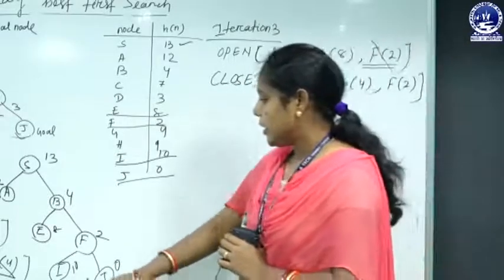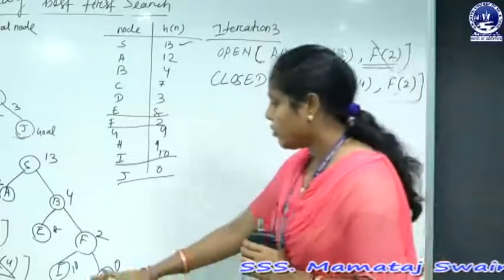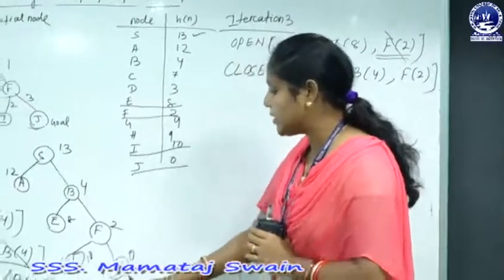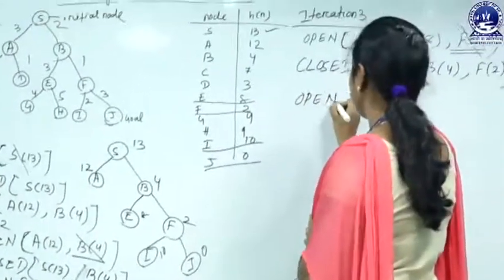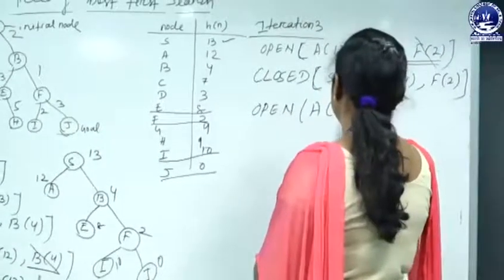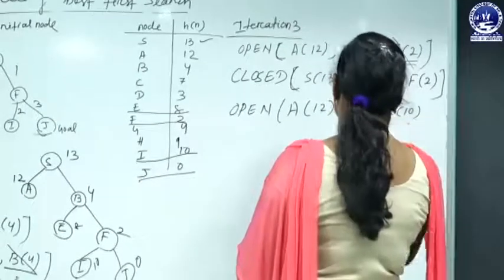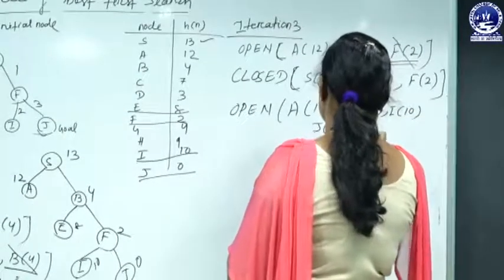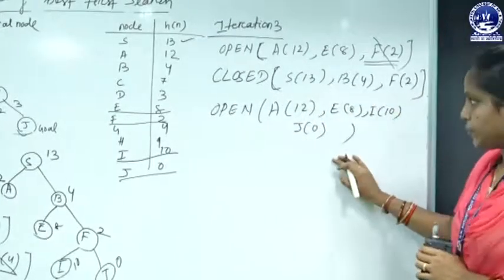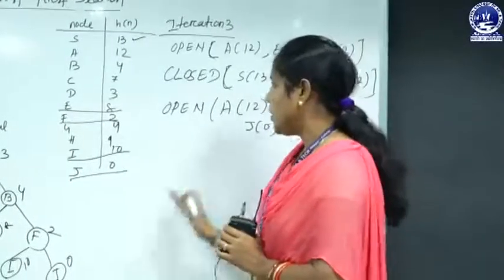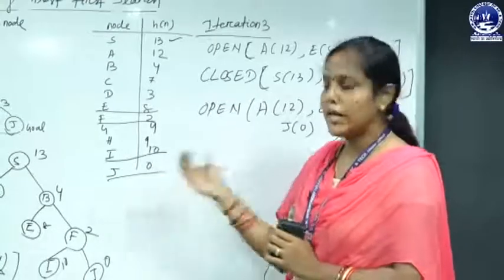They are not, so you add nodes I and J to your open list. Now our open list contains A12, E8, then I10, then J0. This is our open list. The iteration stops here and goes to the next iteration.